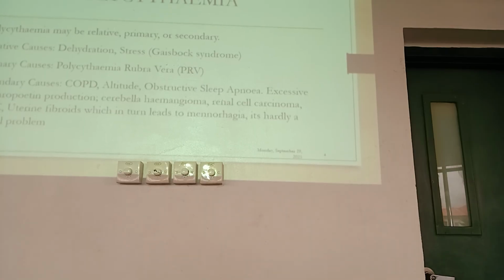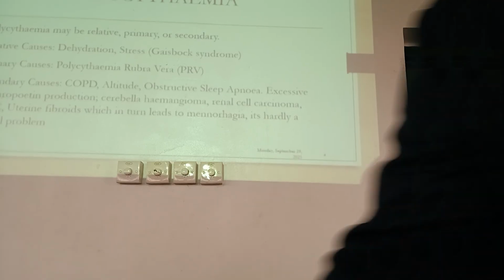So chronic smokers can have a PCV of 60, 70%, 80%. They don't have a mutation. Secondary polycythemia does not have a mutation; it's only when you have primary. Those are the causes, but there are more, though these are the usual ones.